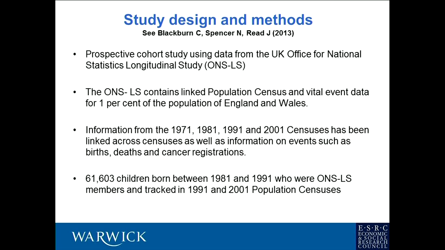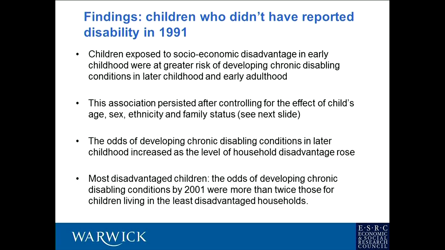So we used the ONS longitudinal study, which basically links data across the population censuses for 1% of the population, and we were able to identify just over 61,000 children who we could track across the period.